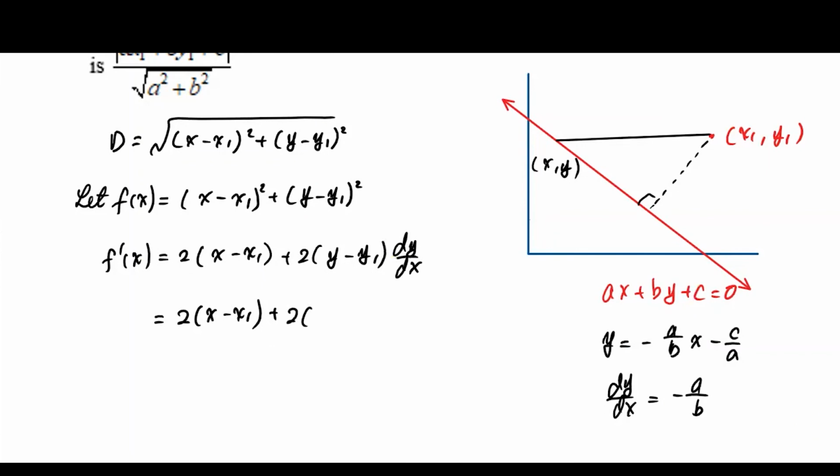Plus 2 times negative a over b x minus c over b minus y1, and then times negative a over b, and set that to 0. It's a nice setup, except I didn't realize what kind of algebra nightmare we are looking at.